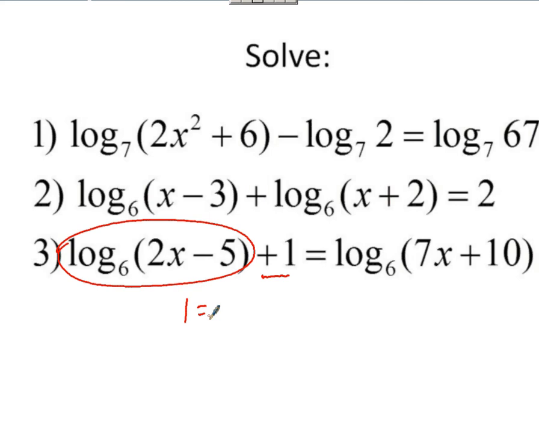all right, if we think about where we're going with this, subtracting this logarithm over, we'd have log base 6 on this side. The subtraction would allow me to divide the 7x plus 10 and the 2x minus 5. So I can go ahead and set that up. 7x plus 10 over 2x minus 5.